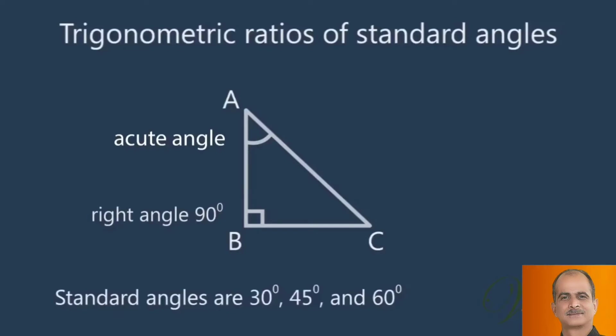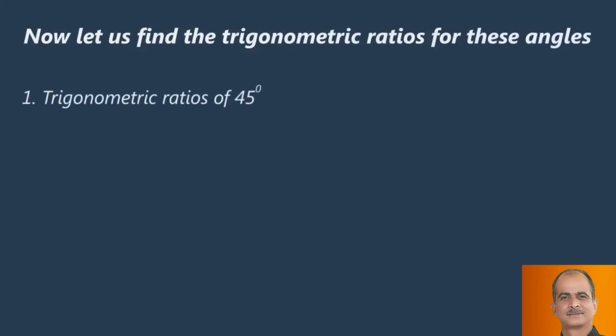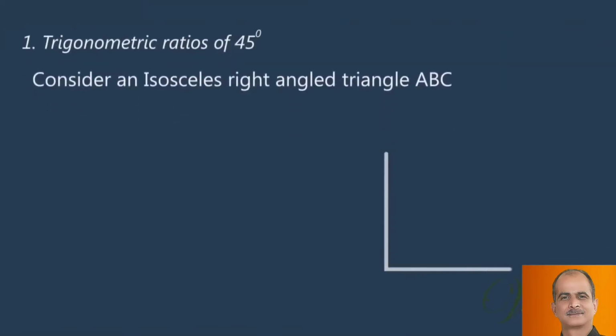So here we are going to find the values of the different trigonometric ratios for sine, cos and tan. Now let us find the trigonometric ratios of these angles. First, trigonometric ratios of 45 degrees.